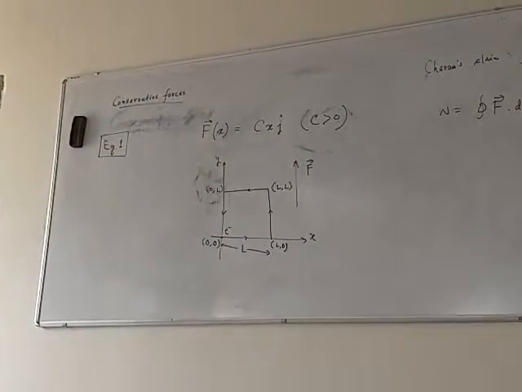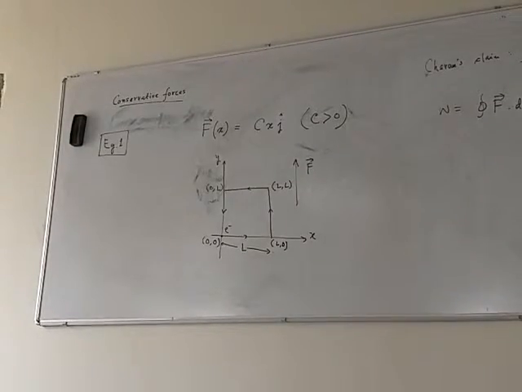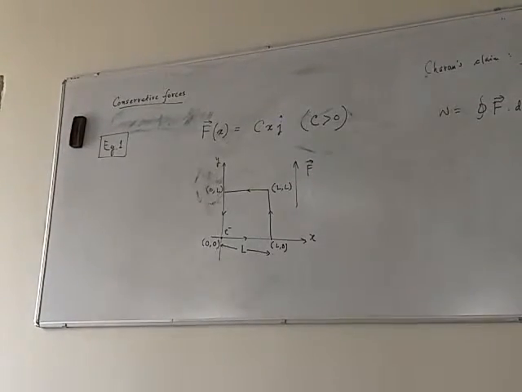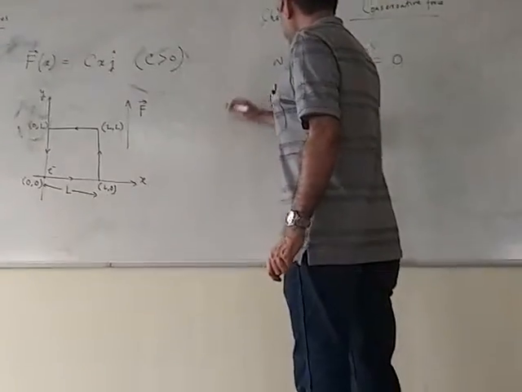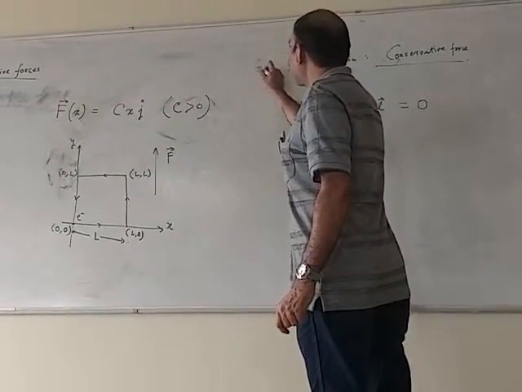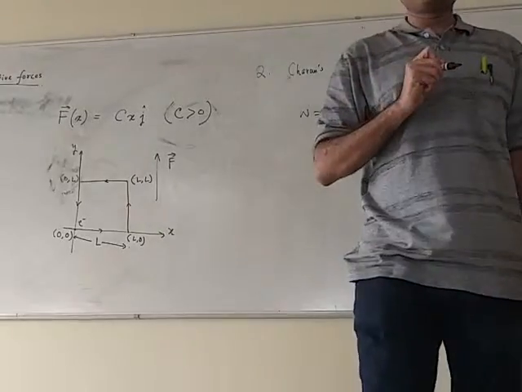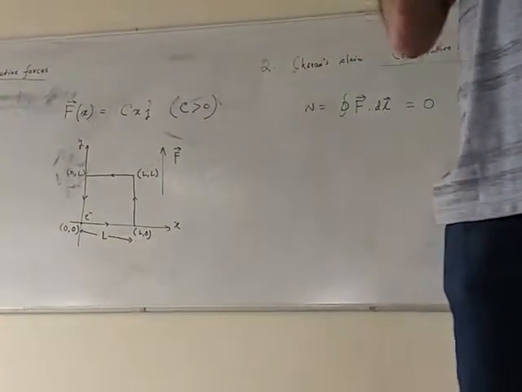So you have completely traversed a closed loop. Now the question being asked is whether the force is conservative, to which Charan has already answered. Yes. But actually the answer is no.